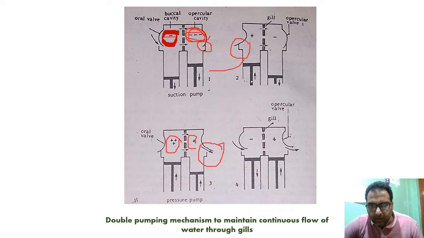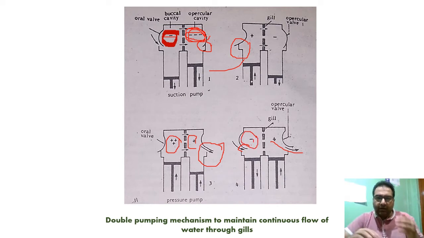The opercular valve opens, the water leaves, and the mouth again tries to close, and then again negative pressure is created. So this cycle goes on. We call it the respiratory pump.